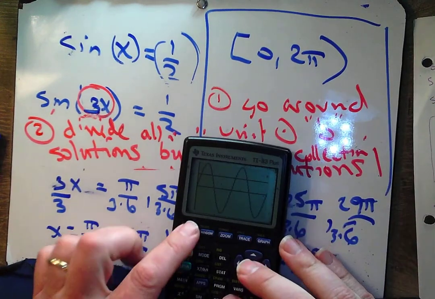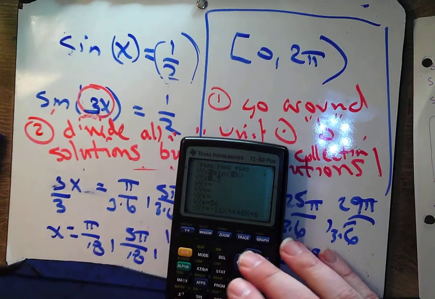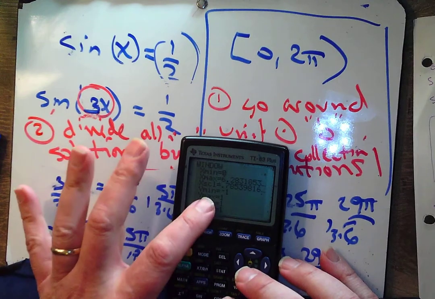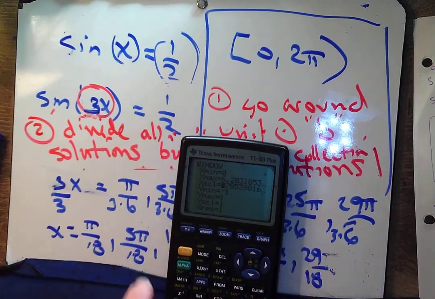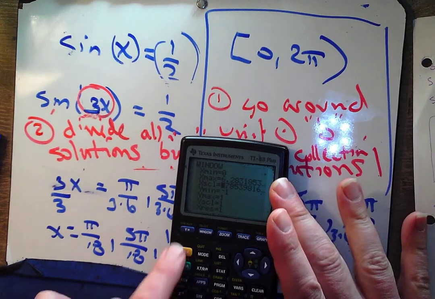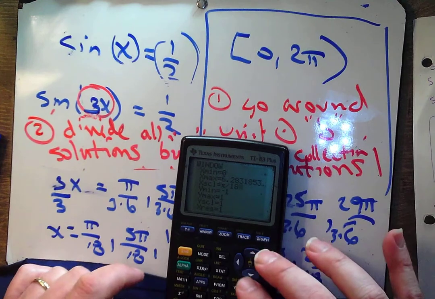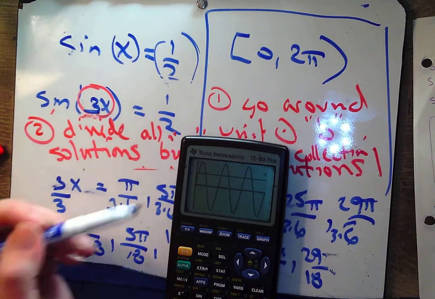And speaking of using your calculator, let's go back and change this down to 3x. But now let's also change our scale. I'm going to change my x scale. See how these are all pi over 18s? Yeah, that's what I'm going to change it to, pi divided by 18. Okay, and graph. And the nice thing about choosing pi over 18s is that I could actually count.